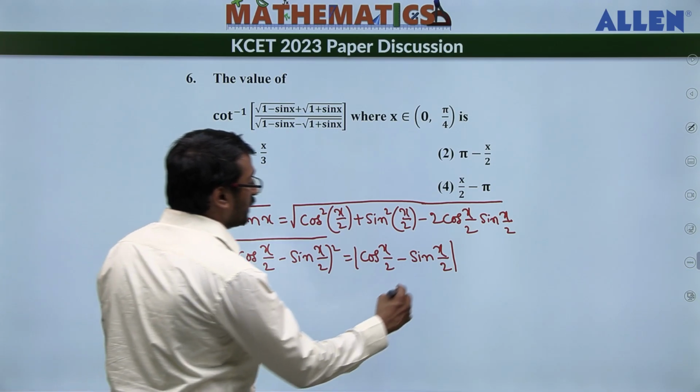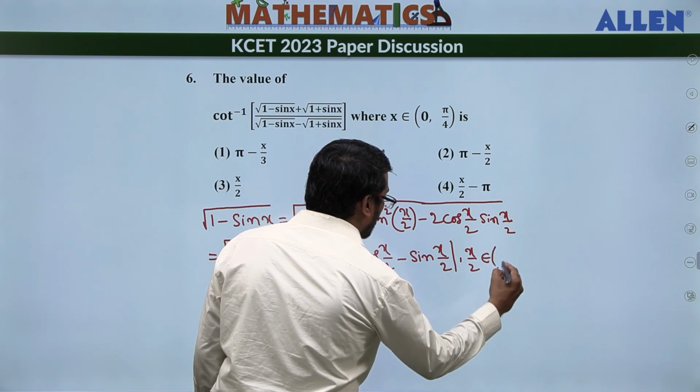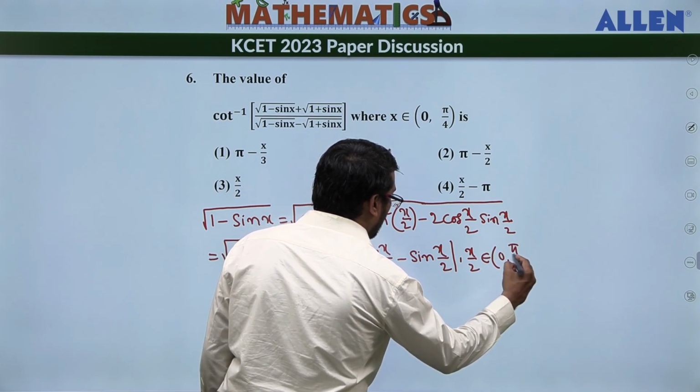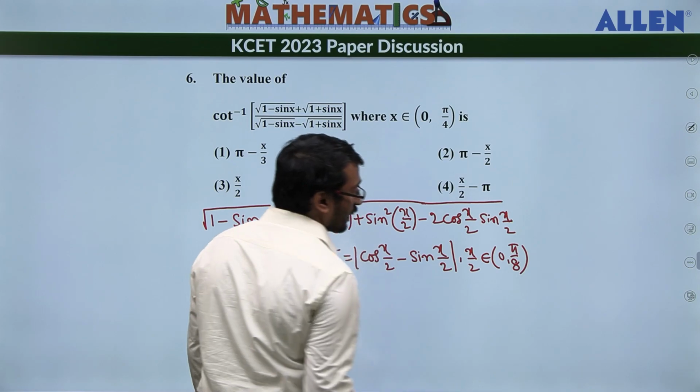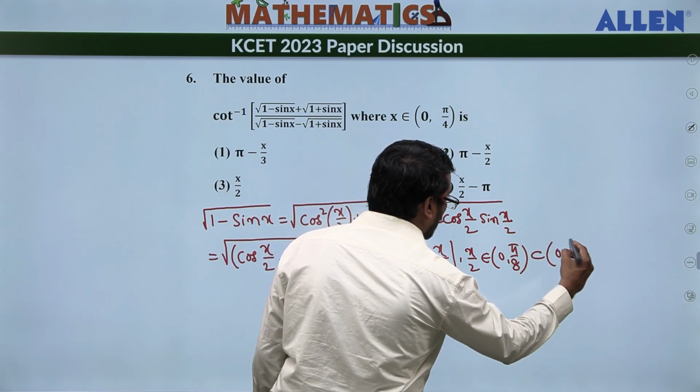Here what is x by 2? X by 2 belongs to open interval 0 comma pi by 8, which is contained in open interval 0 comma pi by 4.